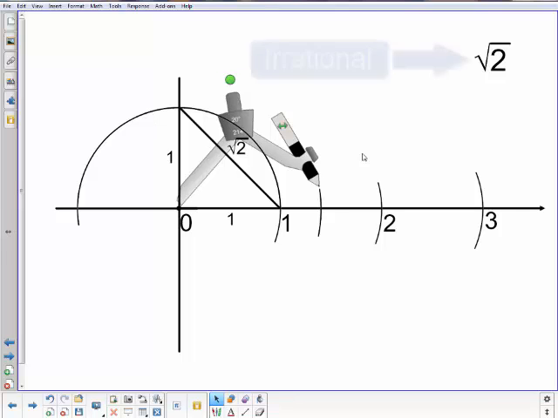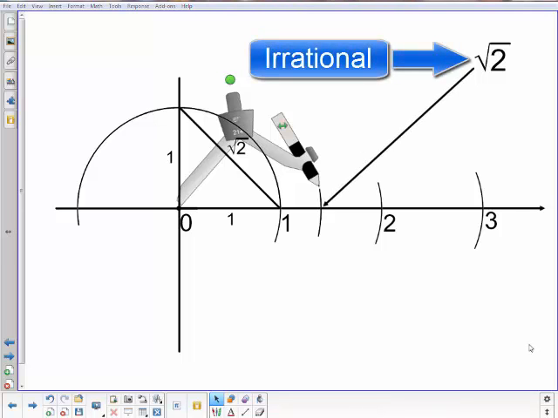We have thus constructed the irrational number radical 2.